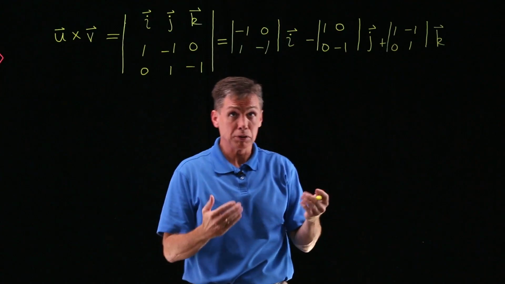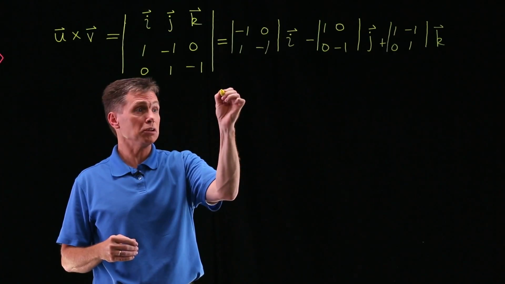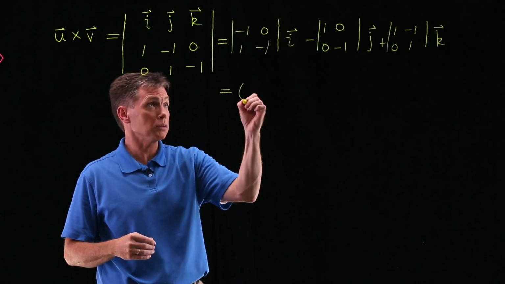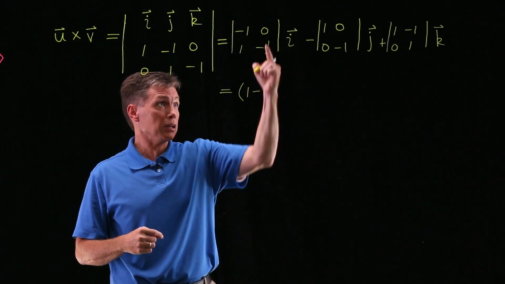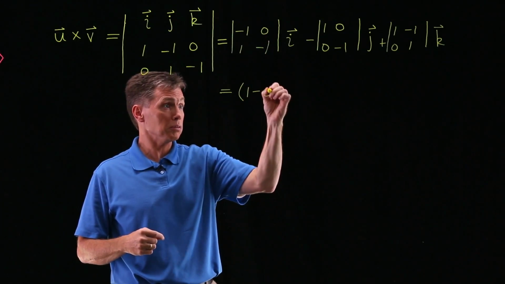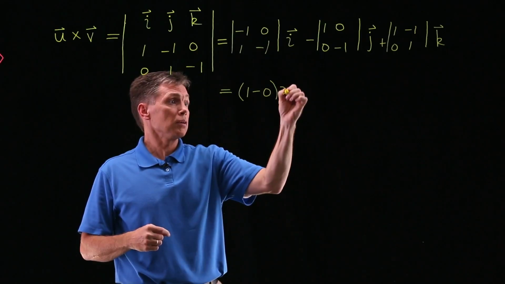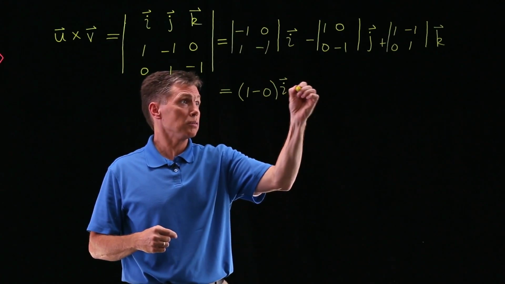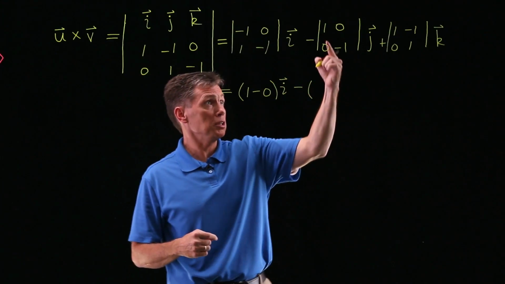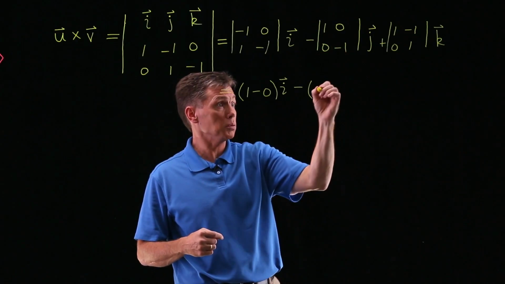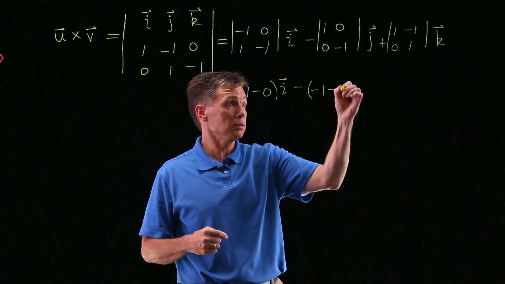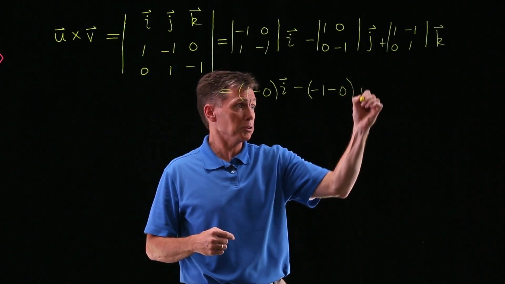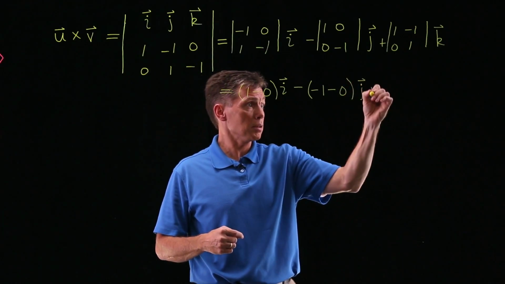Now you do your little crisscrosses for each of those determinants. Negative 1 times negative 1 is 1. Subtract 0 times whatever, which is going to be 0. That multiplies the i vector. Subtract. Crisscross here is going to be 1 times negative 1, which is minus 1. Subtract 0. And that's going to multiply by the j vector.